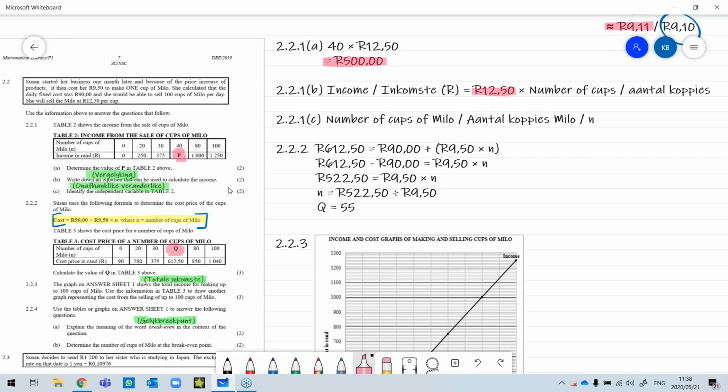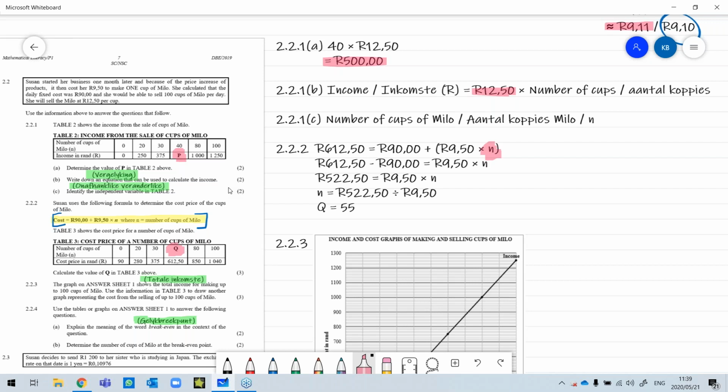So first of all, the cost price in Rand is the R612.50. The rest of the formula then reads 90 Rand plus R9.50 multiplied by the number of cups. So if we are going to then solve for N, we are going to solve this entire equation almost like an algebra equation.